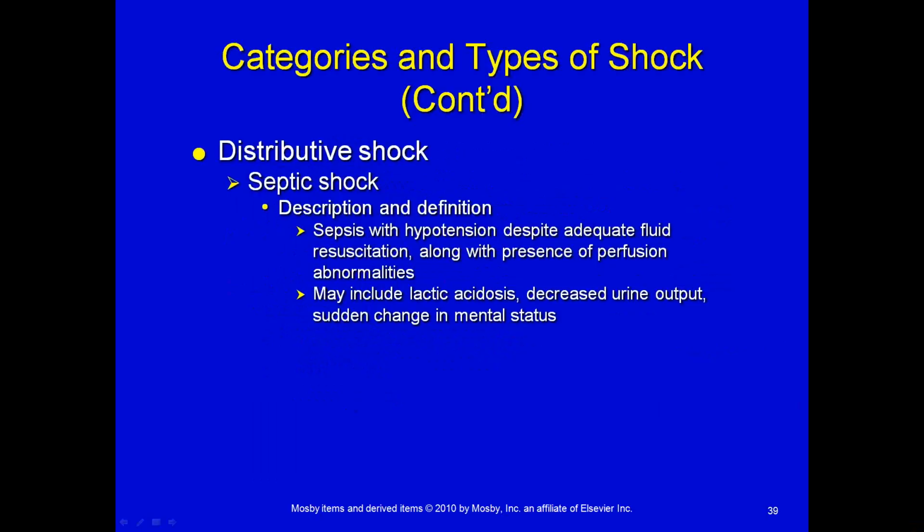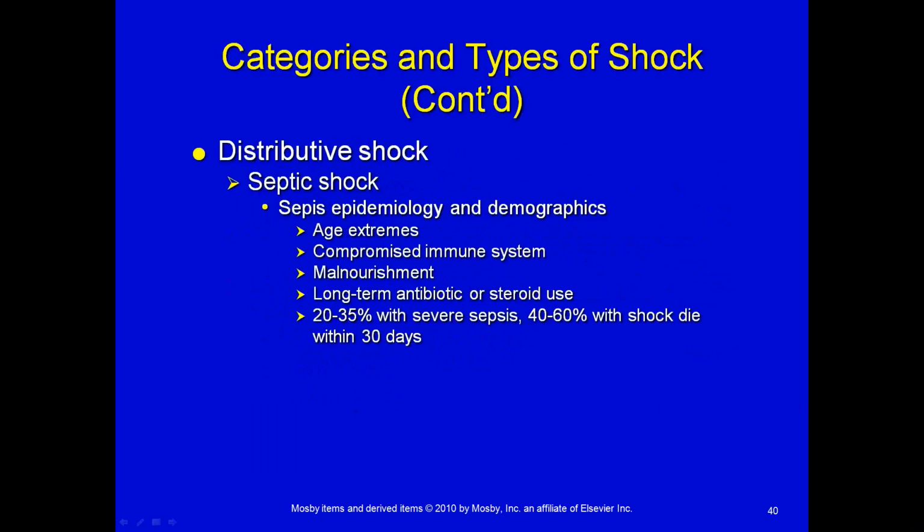You need tachypnea, a really fast respiratory rate. You need tachycardia, a really fast heart rate, a temperature above 101.4, and an elevated white count above 12,000. So if you've got two of these things and you have a source of infection, then you're preseptic. And it's very important in that situation that we lower fever, we administer lots and lots of fluid, and we get an antibiotic started right away.